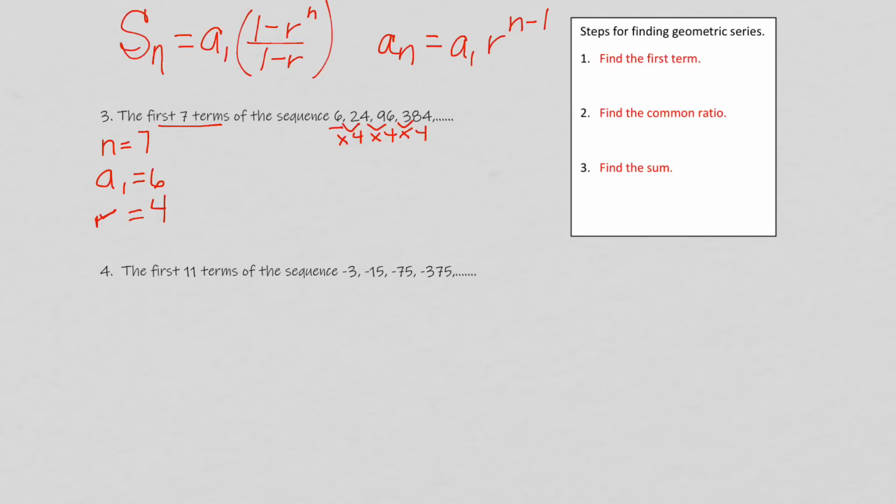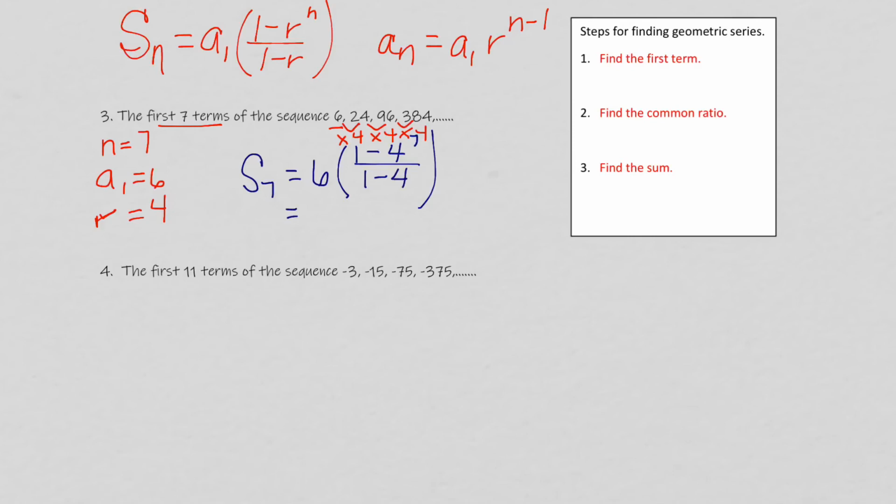And now I'm going to plug that into my S sub n. So let's do that. I'm going to find the summation of the first 7 terms. And I'm going to do 6 times 1 minus my ratio of 4 to the 7th power over 1 minus 4.